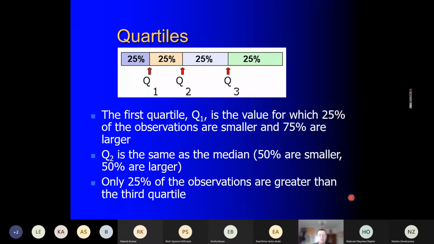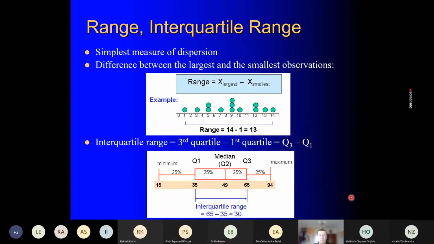A fast assessment of variability very often starts with the definition of quartiles, which represent 4 quartiles of our data, and we split the data, 25% per quarter, between 4 different quartiles. Then, starting from the idea of quartiles, we deal with the range, which is the difference between the maximum and minimum, the largest and smallest observation values in our data.